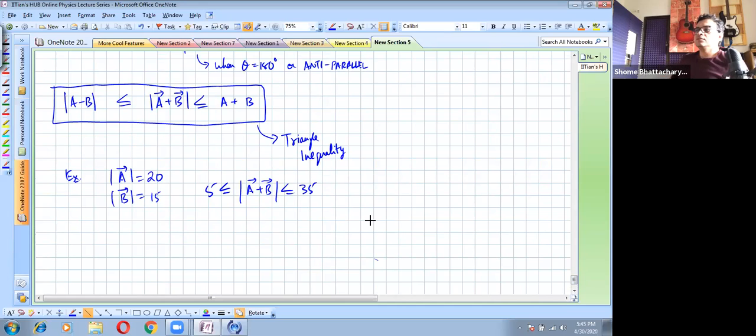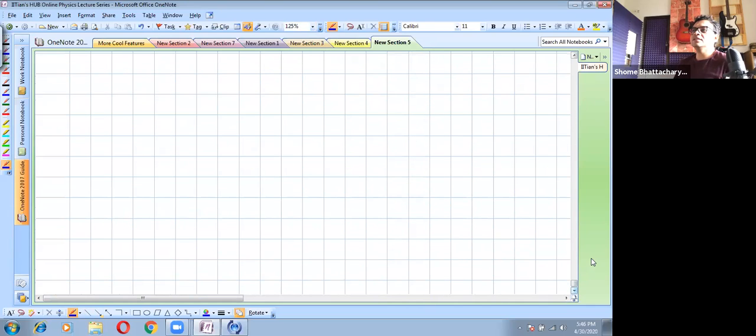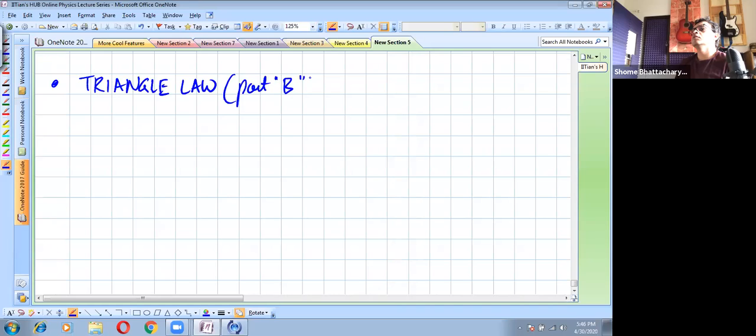Now next we will see a secondary form of the triangle law, which is used for calculating the difference of two vectors. Till date, we have used the triangle law to find the sum. Now the next thing we'll see is like a second version of the triangle law, like a part B, for the difference of two vectors.